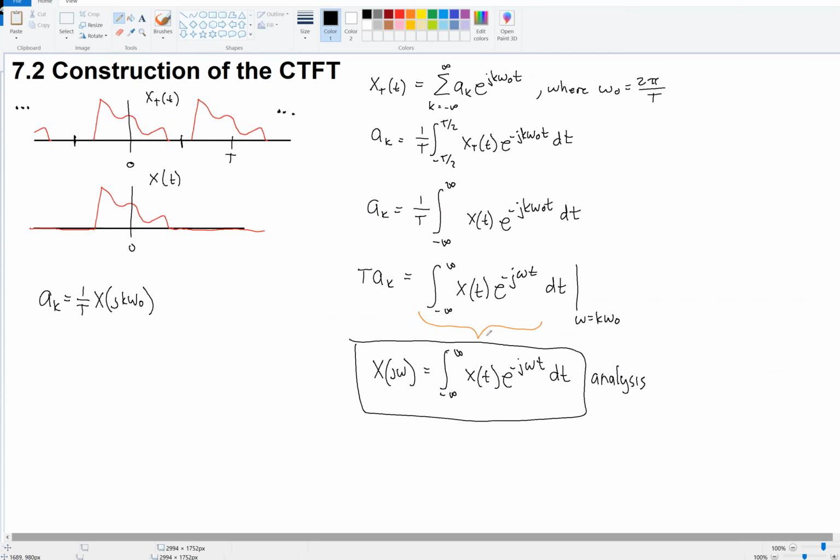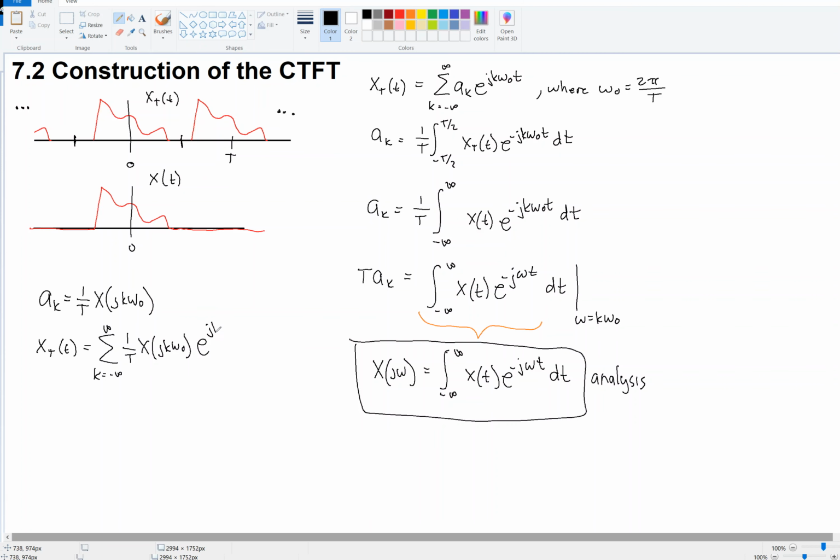Take capital X, divide it by T, get the T to the other side, and then sample. Plug in omega equals k omega 0, and you've got the Fourier series coefficients. Now with the Fourier series coefficients, you can synthesize back the periodic signal using the synthesis equation. So I plug in the Fourier series coefficients, so they're 1 over T times X of j k omega 0.